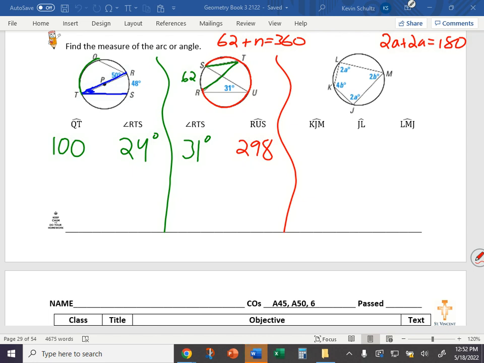And then your other equation is 4B plus 2B equals 180. So A is equal to 45 after solving that, and B is equal to 30.